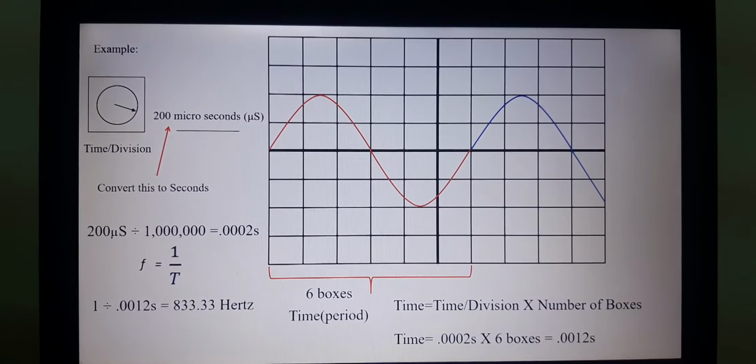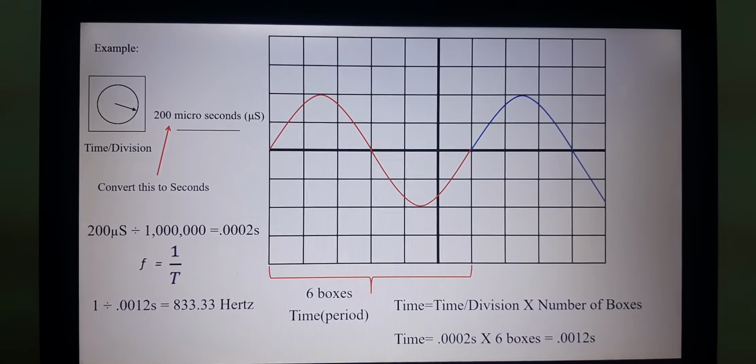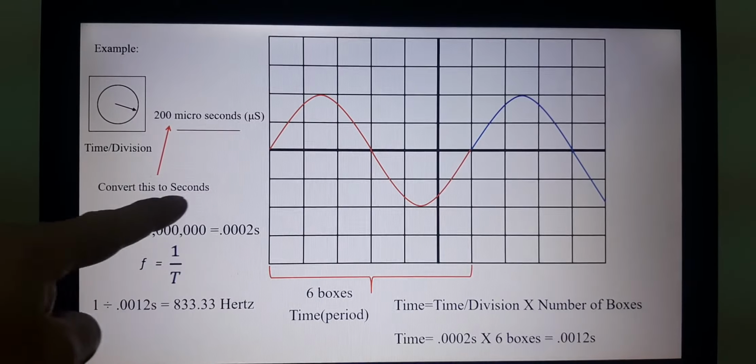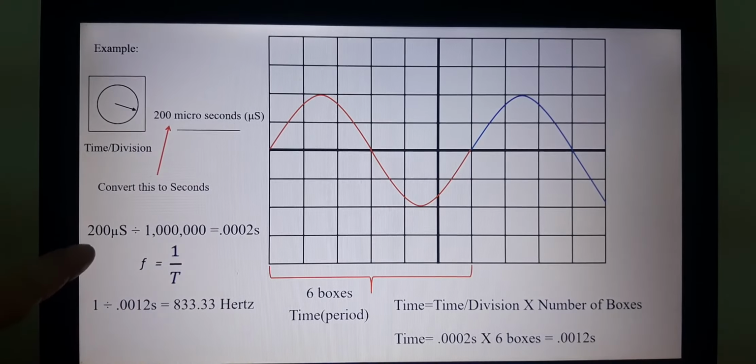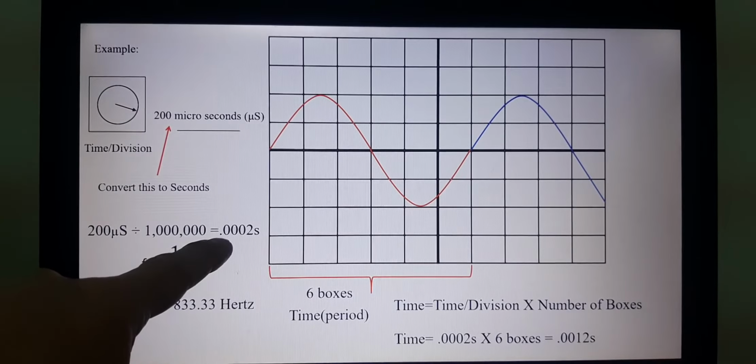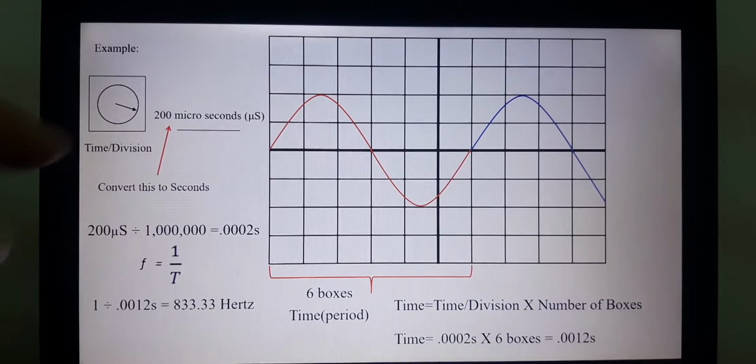In this example, the time per division knob is set to 200 microseconds. Since this is in microseconds, we need to convert this to seconds. So we have 200 microseconds divided by 1 million, which is equal to 0.0002 seconds.